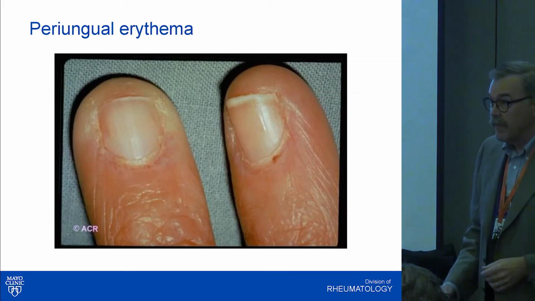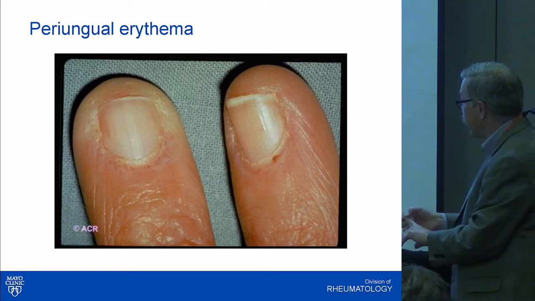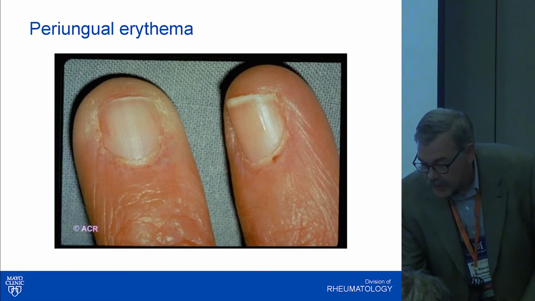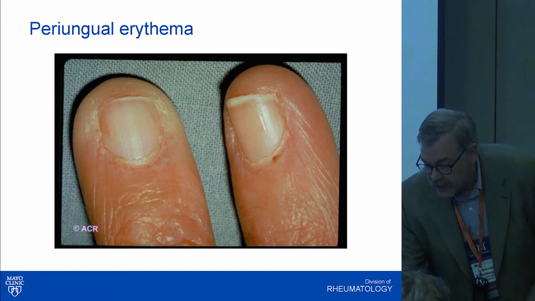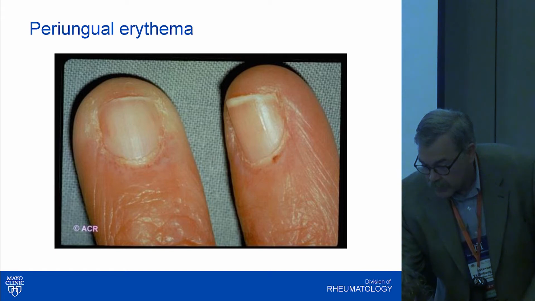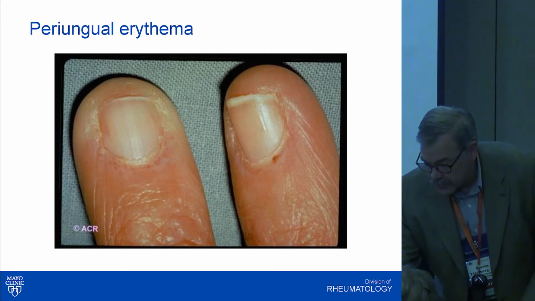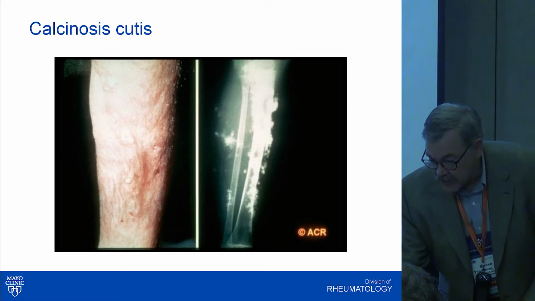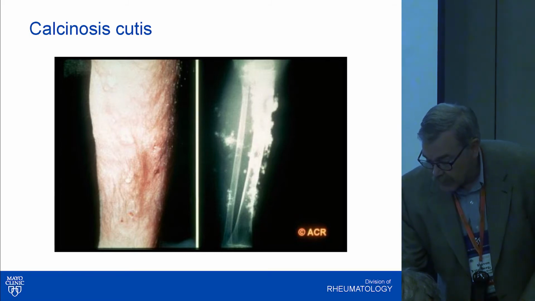And then involvement of blood vessels at the base of the nail, where we can see some prominence and dilatation of the little capillaries at the base of the nail, sometimes with hemorrhages or telangiectasias here. And this shows this calcinosis or calcium deposition that sometimes you can see visually, but shows up quite prominently. There's this fluffy white stuff on X-ray.